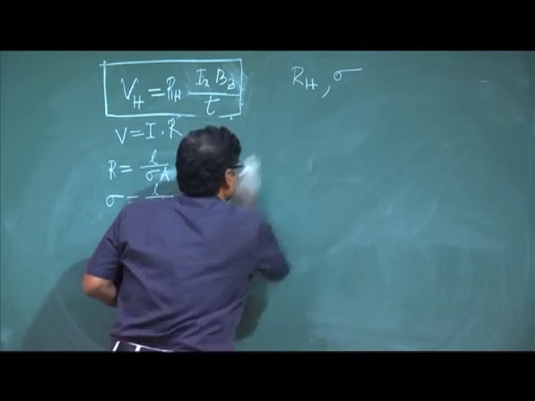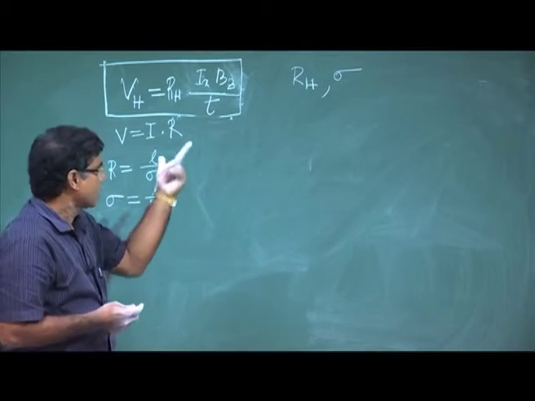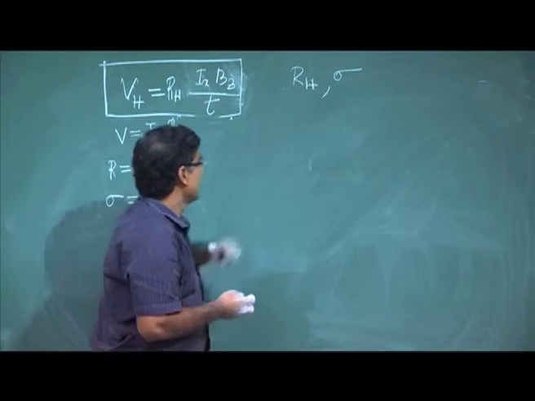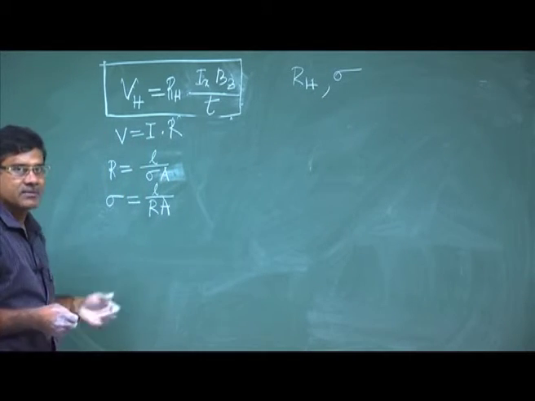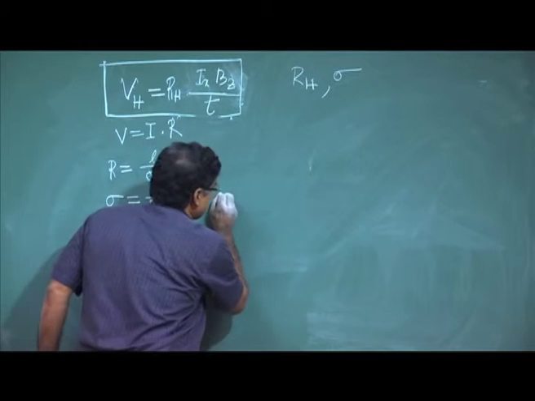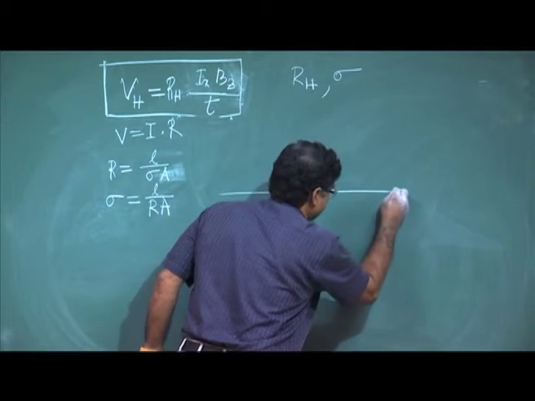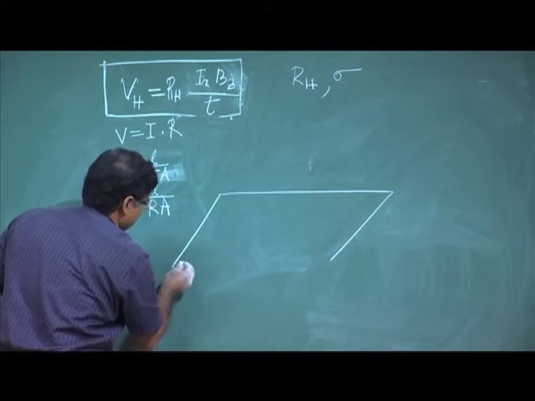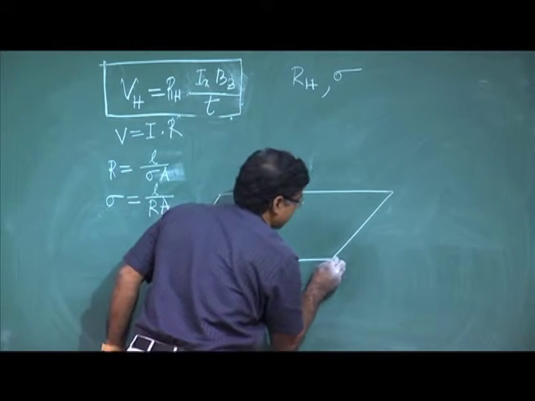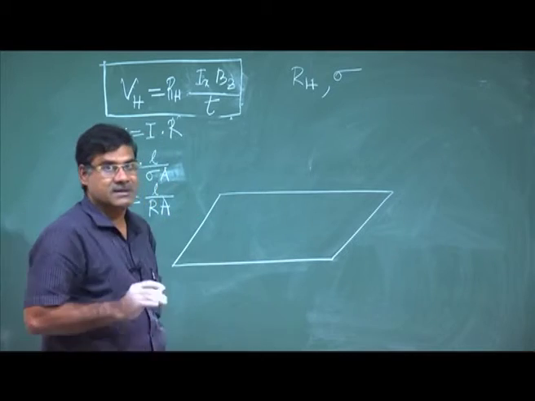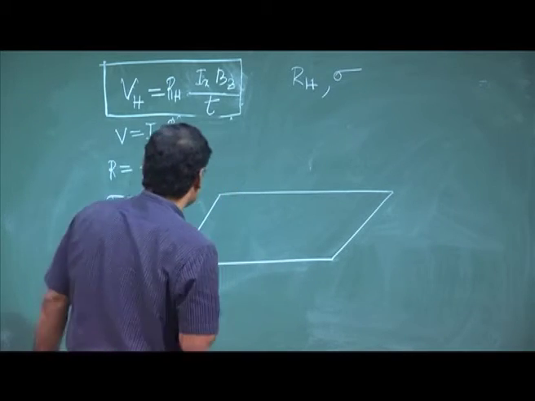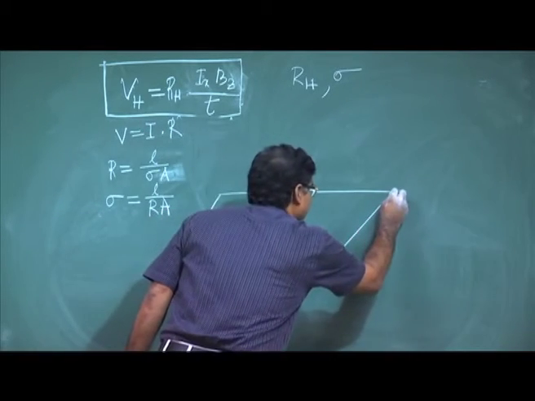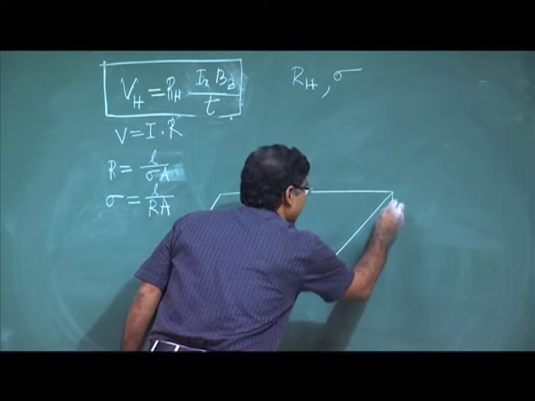How to measure, how to get them? For that I have to set up the experiment. I will take a sample of some material, either semiconductor or metal, not insulator, please, semiconductor or metal, okay.